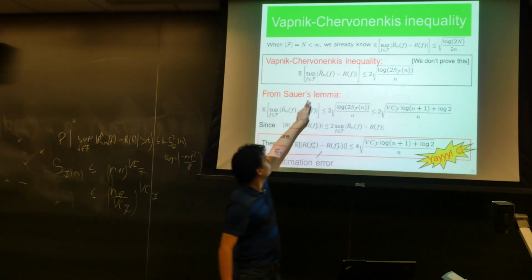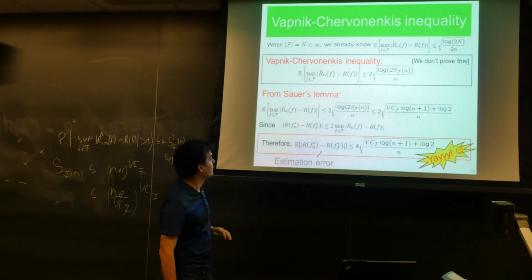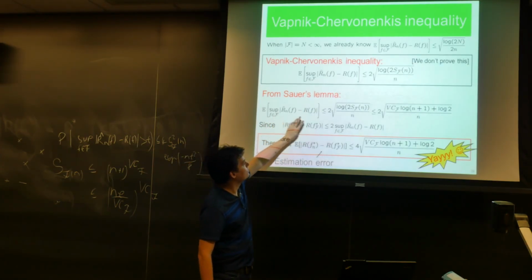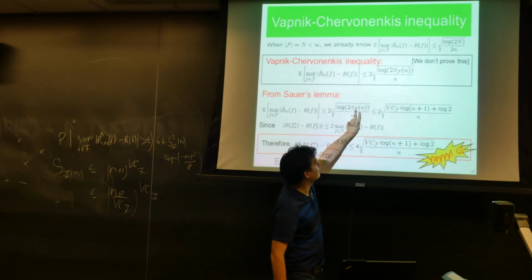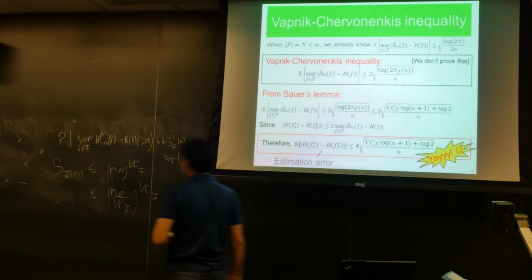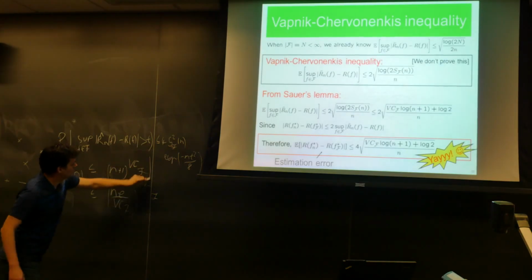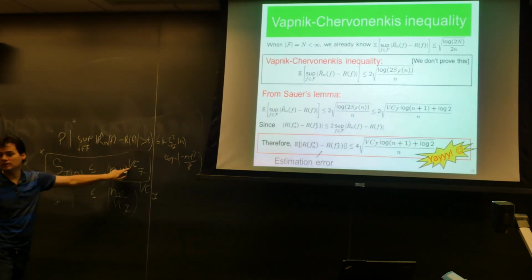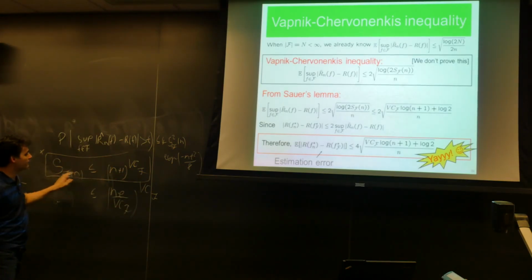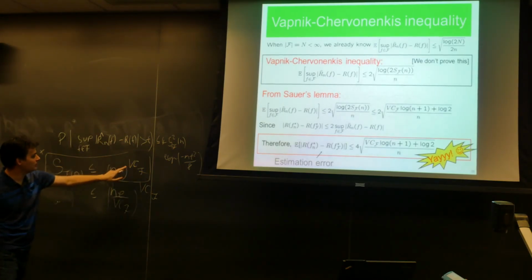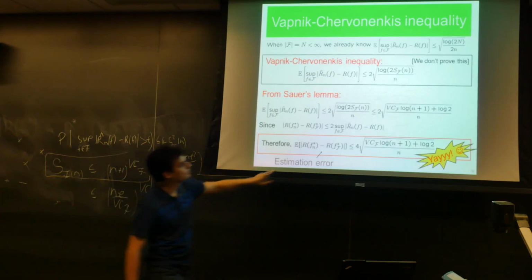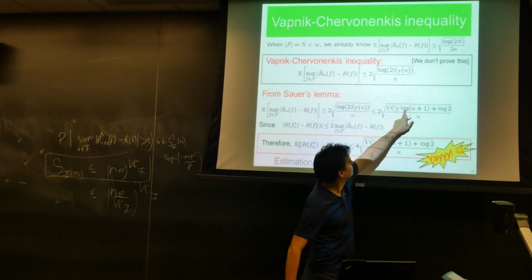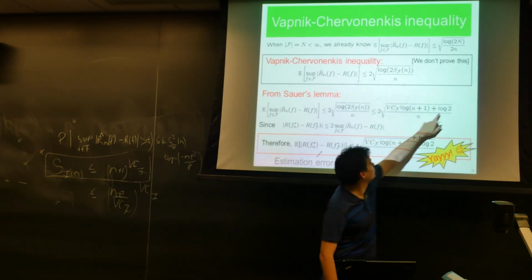All right, so we know this, and from the Sauer lemma we can upper bound this S_F(n) with the expression (n+1) to the VC dimension. So log S_F(n) can be upper bounded with VC times log(n+1). And I have log 2 because of this too.